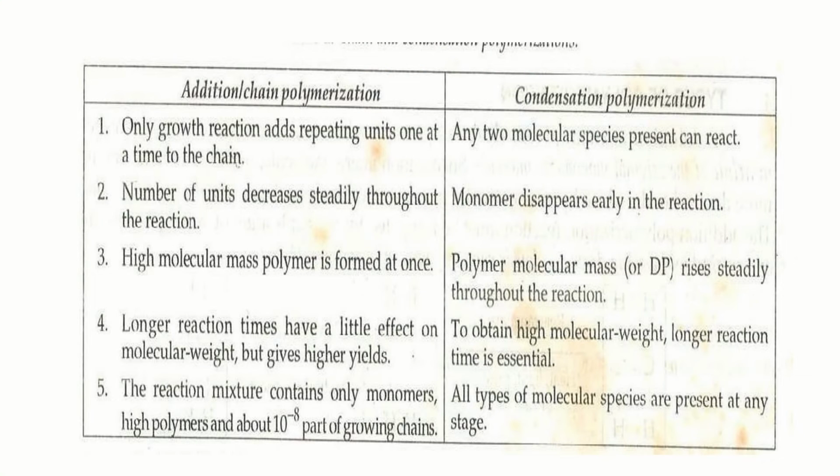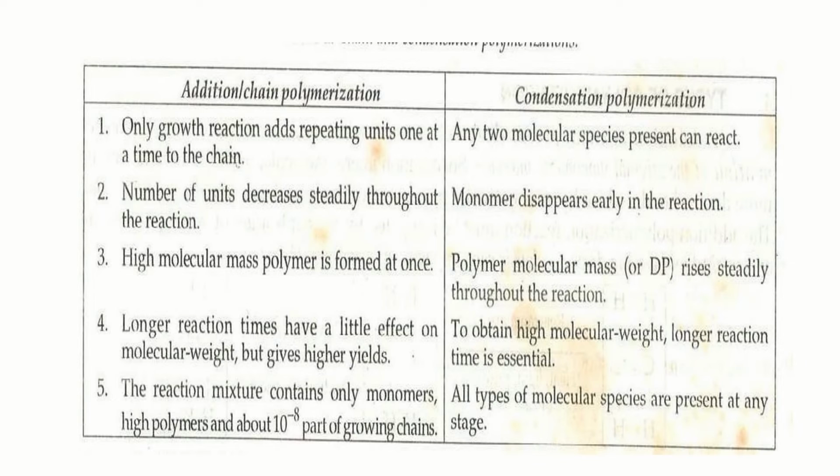Next is the difference between addition and condensation polymerization. In addition polymerization the repeating units grow one at a time at the chain end, but in condensation polymerization two molecular pieces are present and both react in both directions. Second, in addition polymerization the number of monomer units decreases steadily throughout the reaction, and in condensation polymerization monomers disappear early in the reaction, so all the monomers are involved in the chemical reaction.